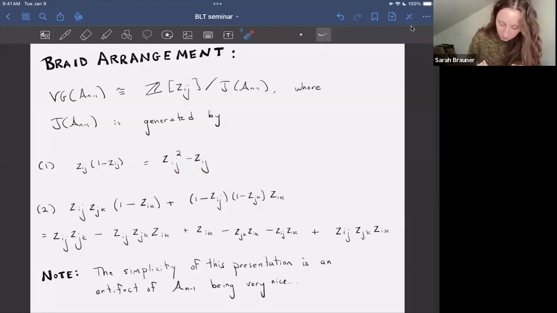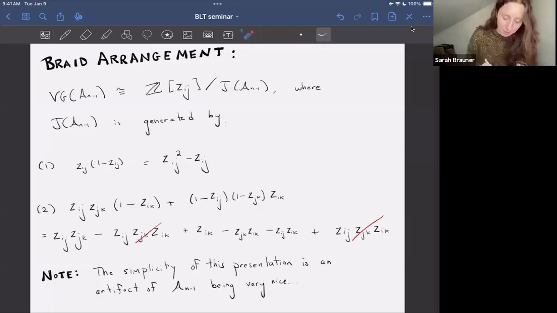The second one is the example I showed you, but it turns out that to generate the kernel, I need to take a sum of 2 different things. These 2 terms here, and if I expand that out, you can see that I get 2 terms that cancel. So this cancels with this, and I just get this sum of 4 terms.